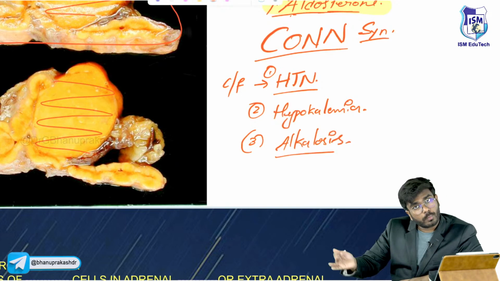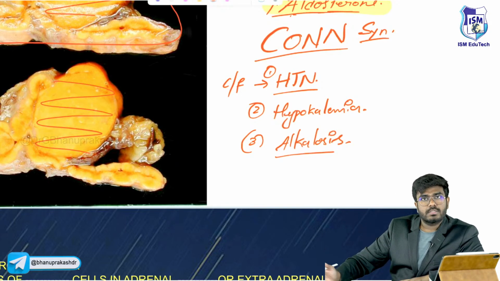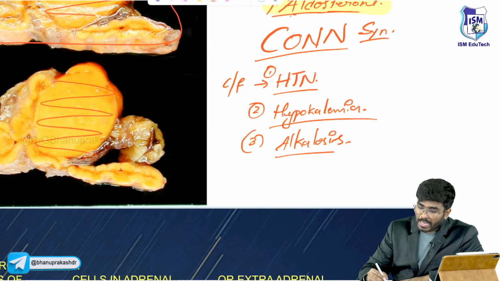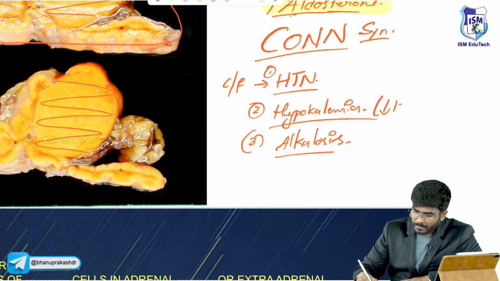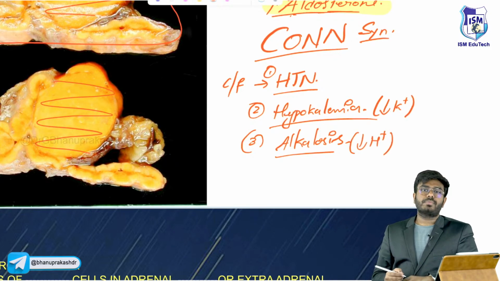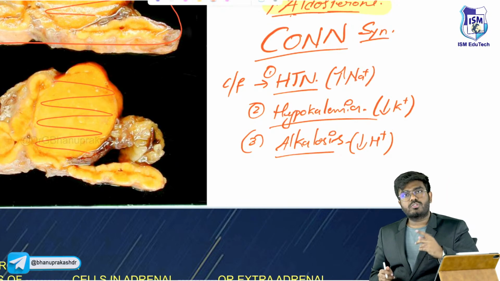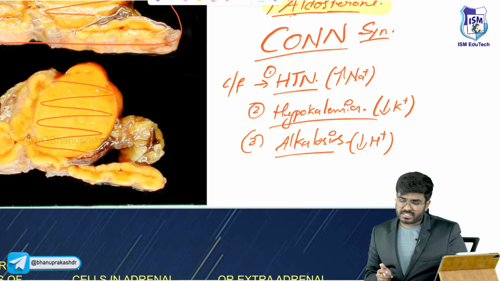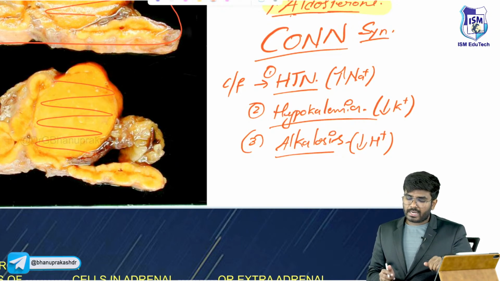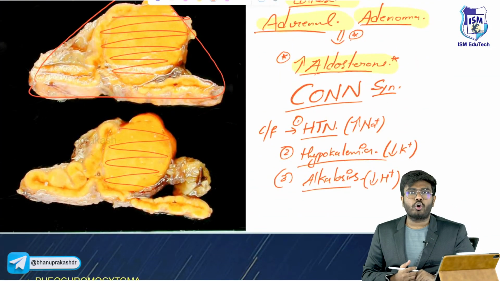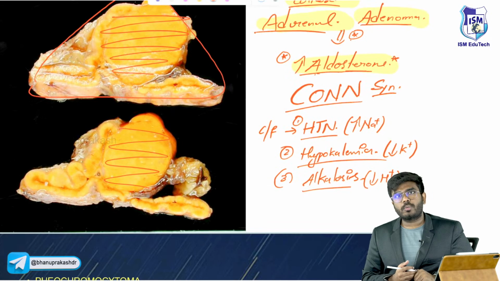So hypertension is because of more sodium reabsorption, and hypokalemia and metabolic alkalosis because potassium and protons are lost. So these are the clinical features seen in Conn syndrome. Conn syndrome completed.